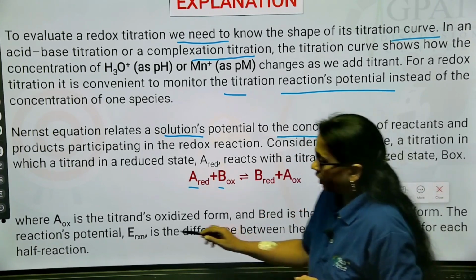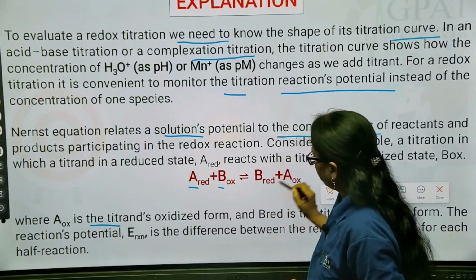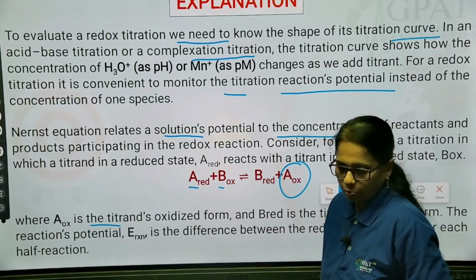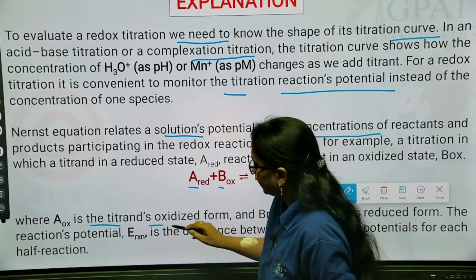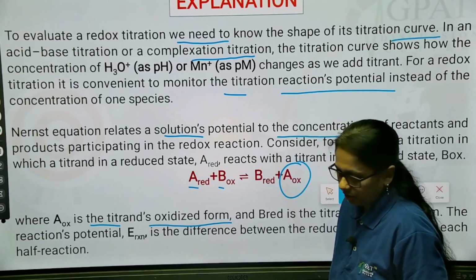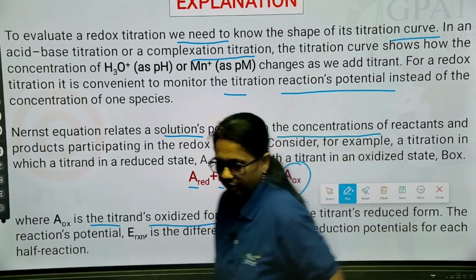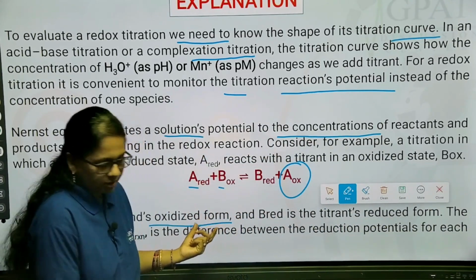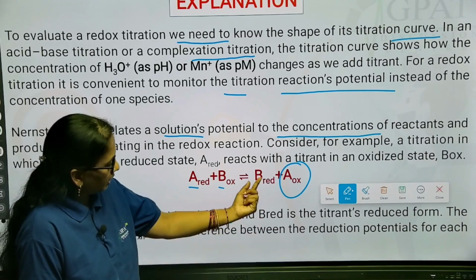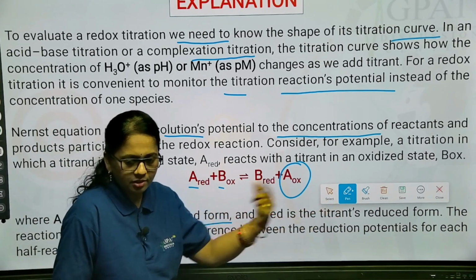Okay, so A ox is the oxidized form, that is the analyte's oxidized form; actually it is a reduced analyte, and afterwards it becomes an oxidized form. And B reduced is the titrant's reduced form.